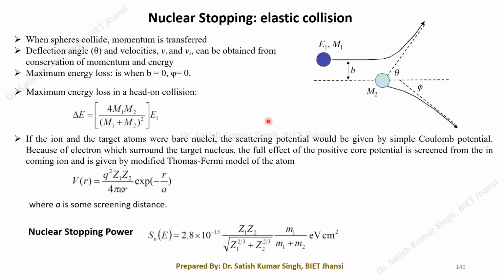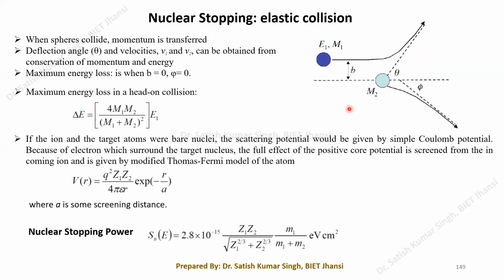Similarly, we can calculate the scattering potential by considering that the nucleus is also surrounded by certain electrons. The net positive charge on this nucleus has to be considered, because it also contains electrons orbiting around the nucleus.